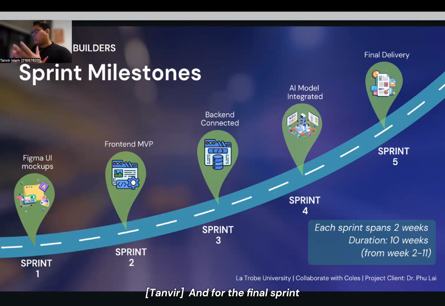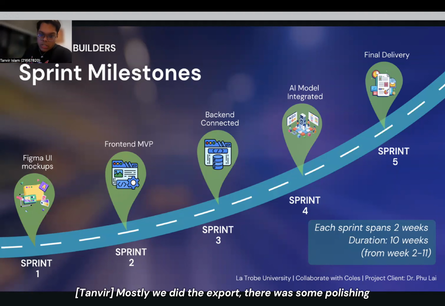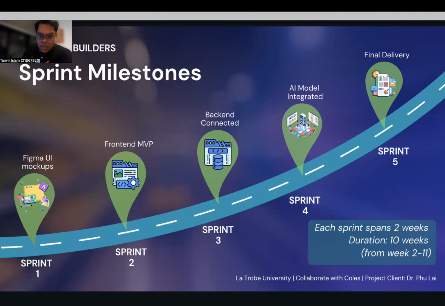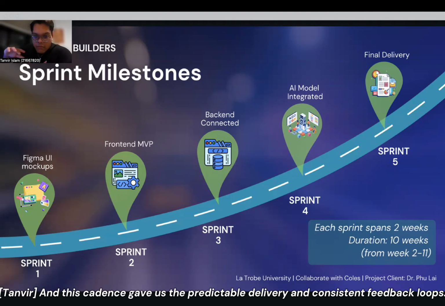For the final sprint, we mostly did the export, thresholds, some polishing, and documentation of what our project has been throughout the whole five sprints. This cadence gave us predictable delivery and consistent feedback loops.